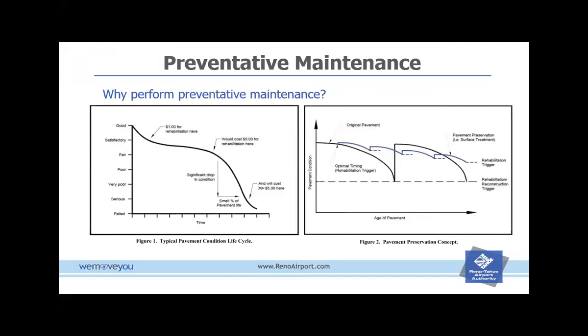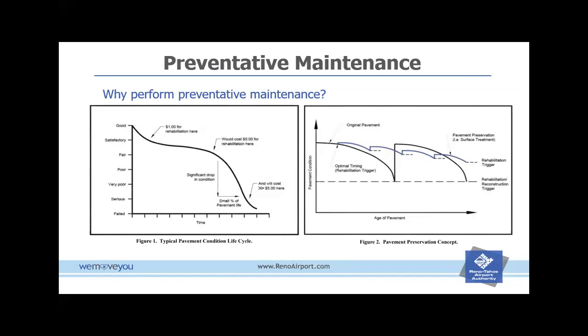So why we do this: the preventative maintenance extends the life cycle of the pavement. As you can see in figure 1, is a typical life cycle of asphalt pavement without any surface treatment or preventative maintenance. And then in figure 2, you can see that blue line kind of extending the life cycle out.